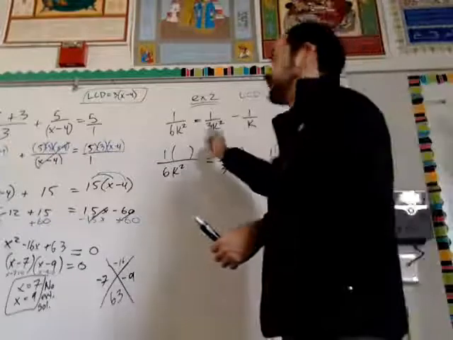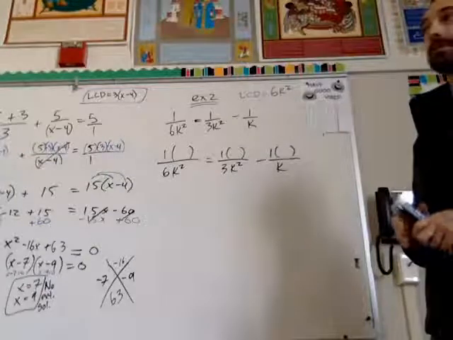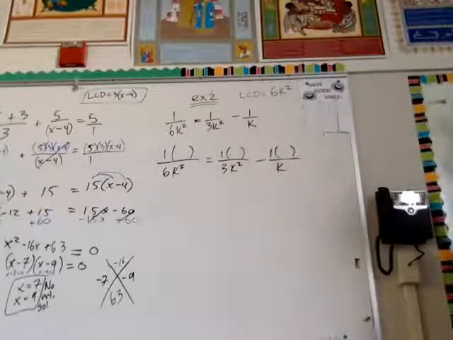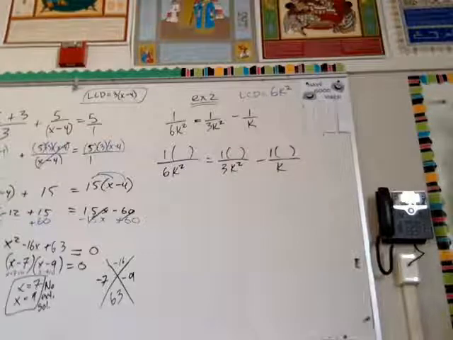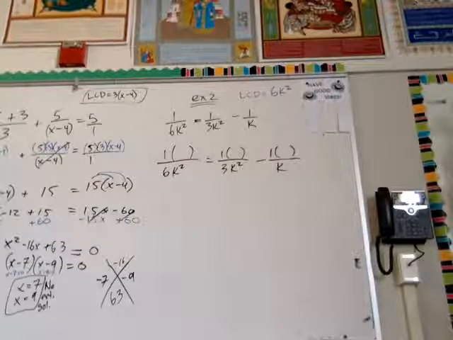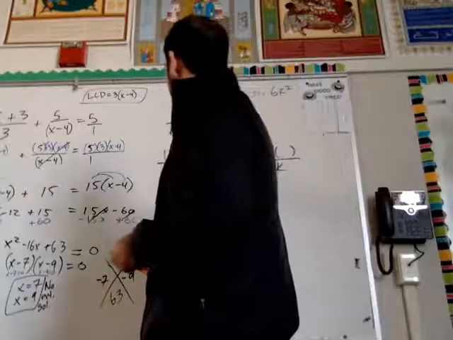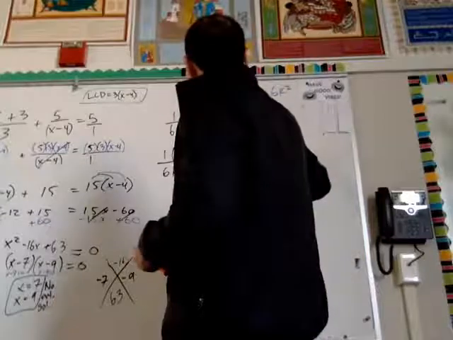I've rewritten the entire equation out, so what do we put in those parentheses? Okay, if you're waiting for it, I'm going to put my least common denominator in there. 6k squared. 6k squared.